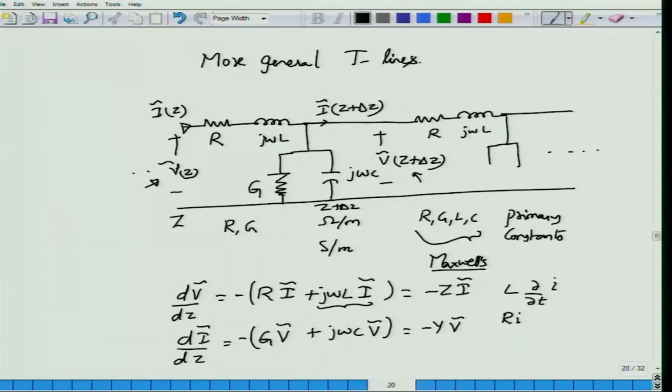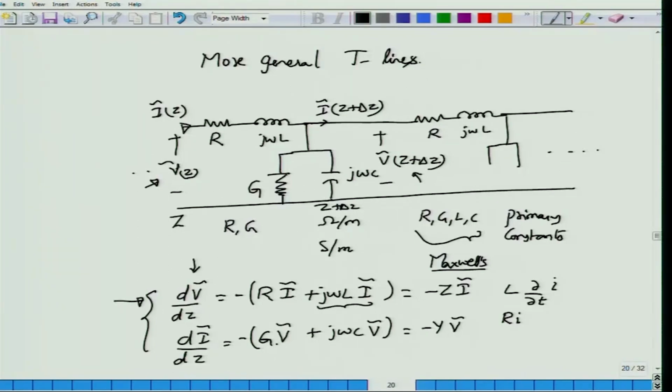Coming back to this set of equations, thanks to the phasor notation, they are ordinary differential equations and they can be quite easily solved. For example, I can solve for the voltage V by differentiating this expression here.